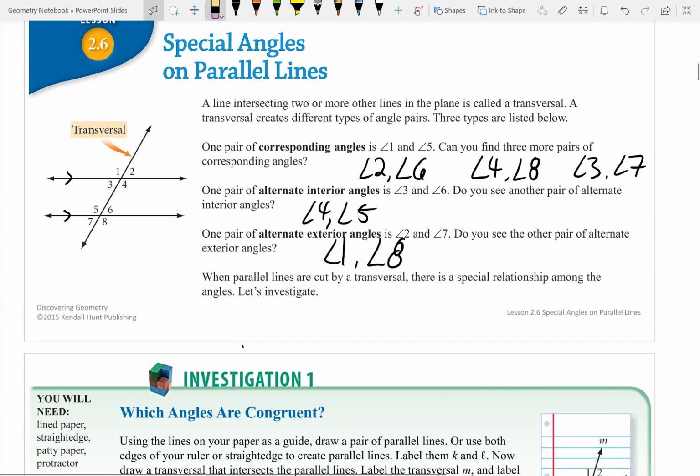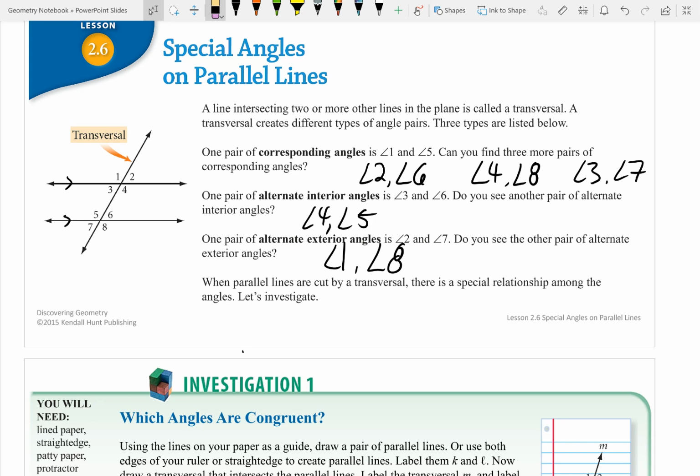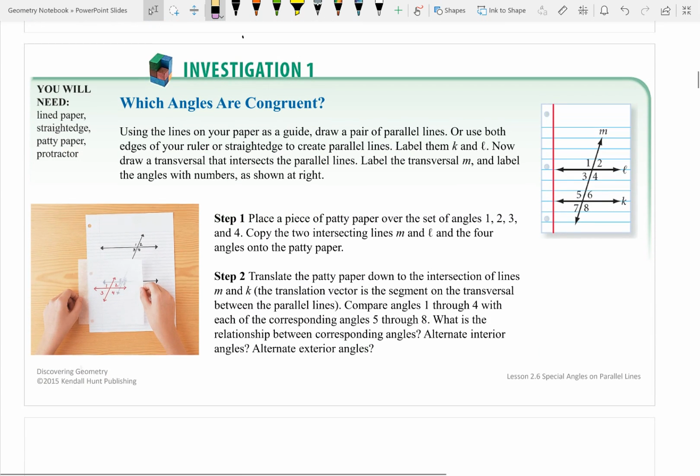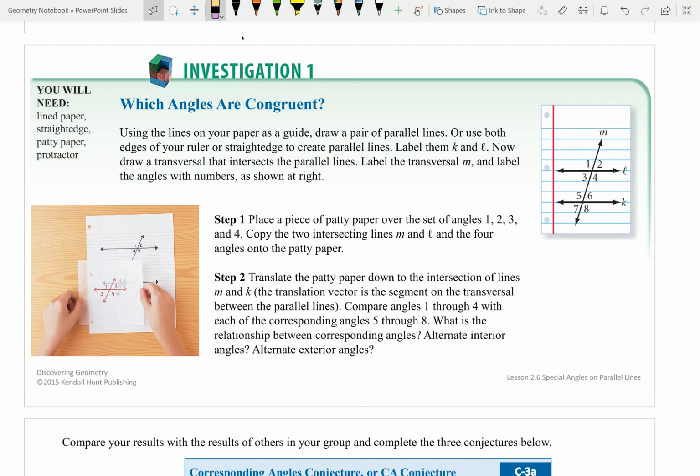All right. So when parallel lines are cut by a transversal, there's a special relationship among the angles. Let's investigate. Okay. So this investigation is going to explore the relationships among the angles on the top to the angles on the bottom, specifically angles 1, 2, 3, and 4, and angles 5, 6, 7, and 8. So using the lines on paper as a guide, draw a pair of parallel lines.